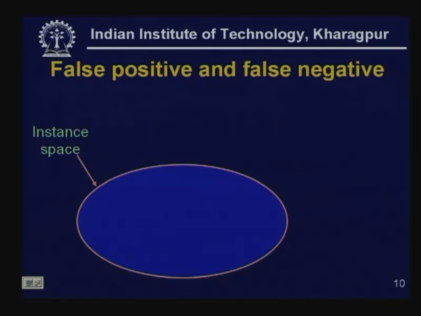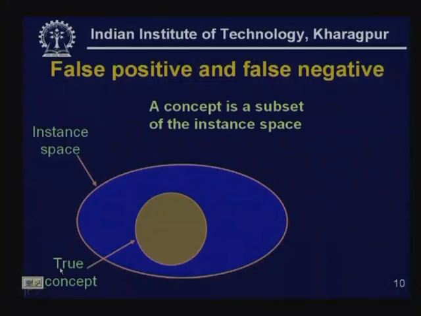Now, let us say that this oval represents the set of all possible instances, and as you know, instances are described in terms of the values of the attributes. So, these are all the instances. A concept is a subset of the instance space. Only a subset of the instances belong to the concept class.